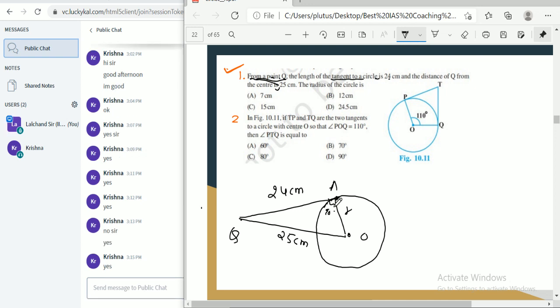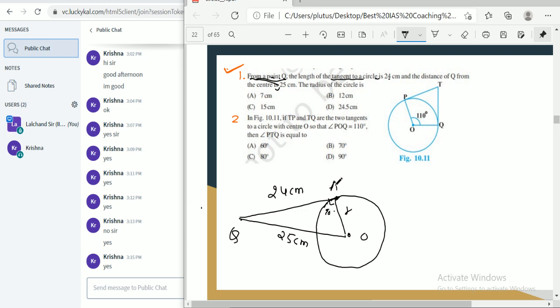Okay. So try to solve this by using the Pythagorean triplet. Use Pythagoras in this triangle, triangle AQO. Okay.